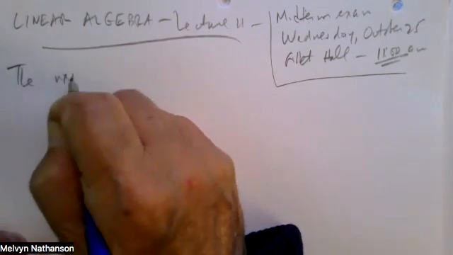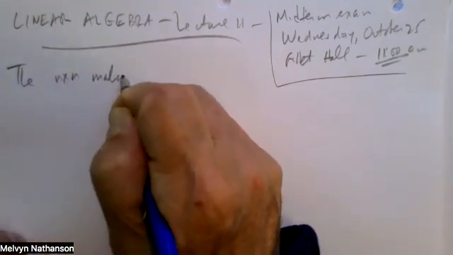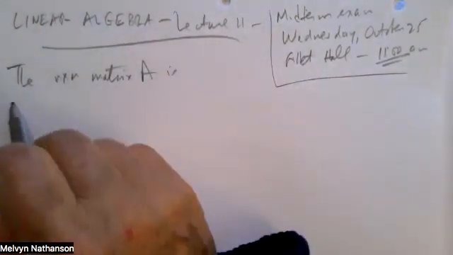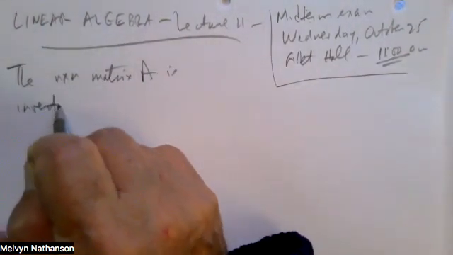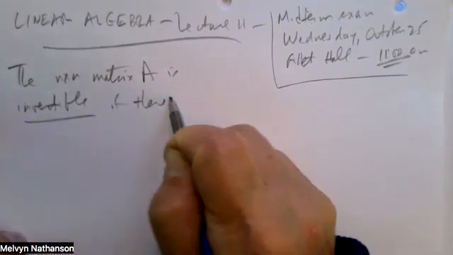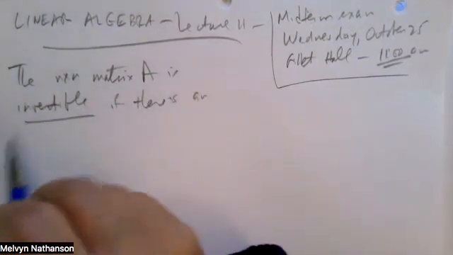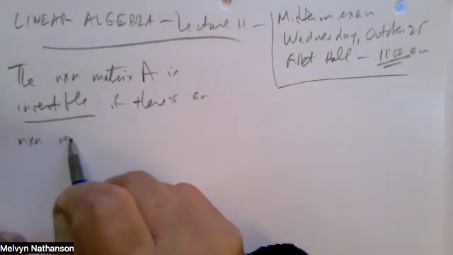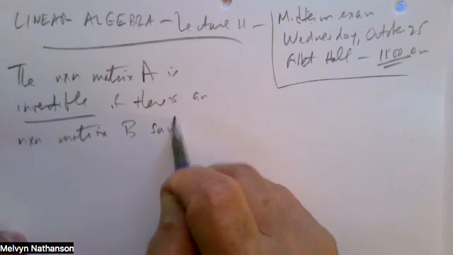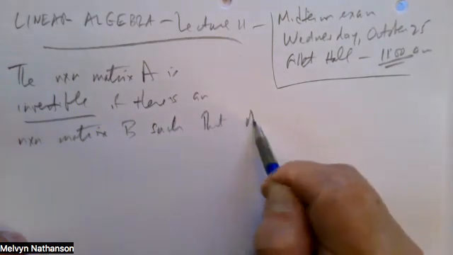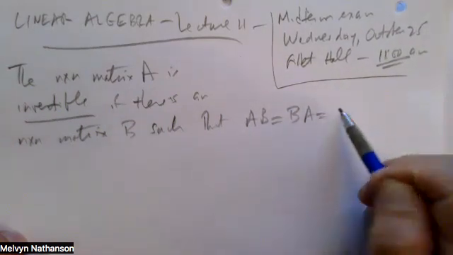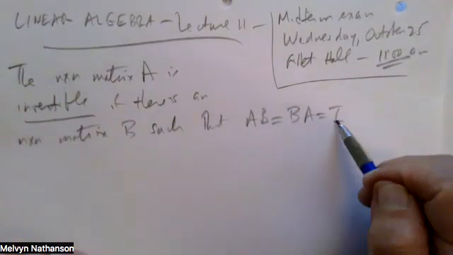So the n by n matrix A is invertible if there is an n by n matrix B such that A times B and B times A are both equal to the identity matrix.